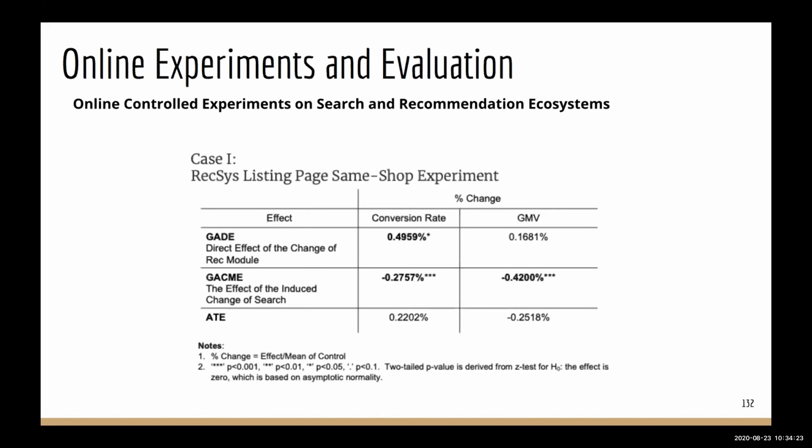In this case, you can see that the direct effect of the recommendation module on the conversion rate is very big, around 0.5%, and it is statistically significant. At the same time, the indirect, induced change to the search result page is minus 0.27%, and very statistically significant.